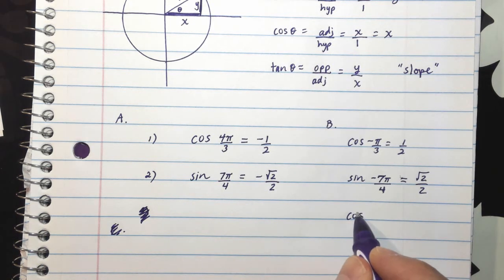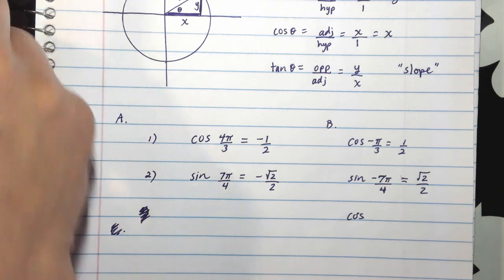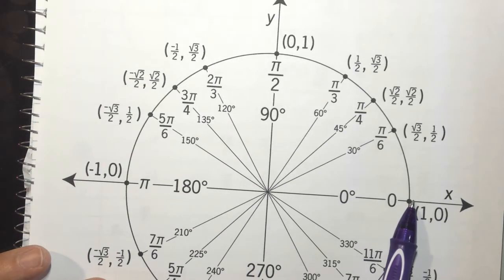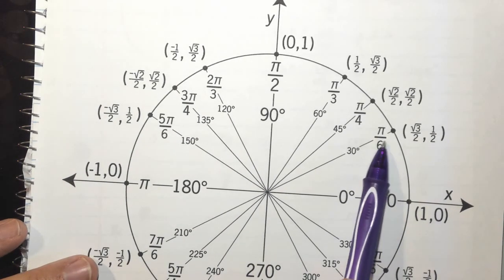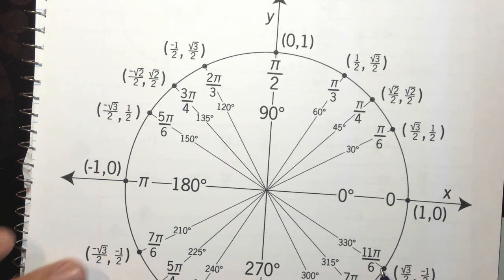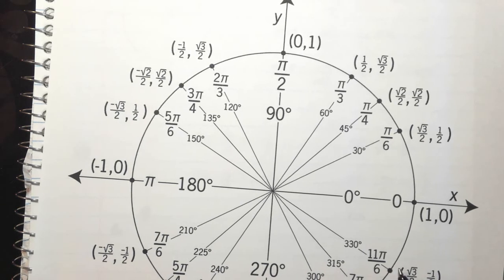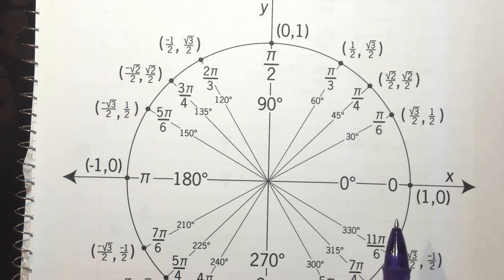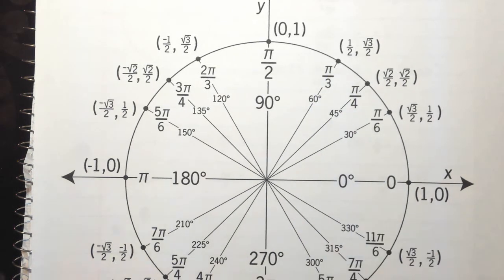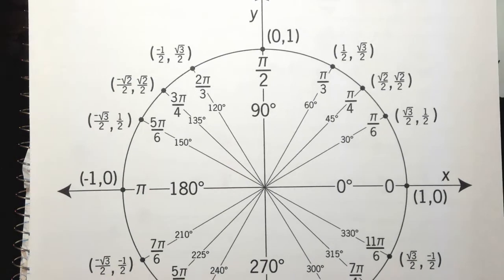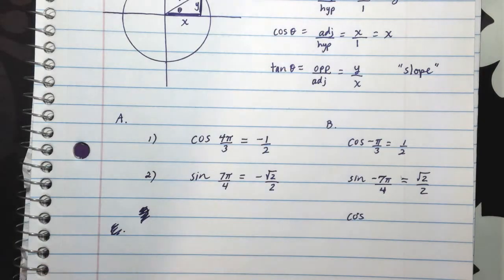If it's over 360 degrees or over 2 pi radians, like for example 13 pi over 6, you're going to have to figure that out. I do give you a hint on the assignment. If it's not good enough, let me know. I'll give you another hint, and hint number 2 is how I teach it in pre-cal, so it makes it way easier.